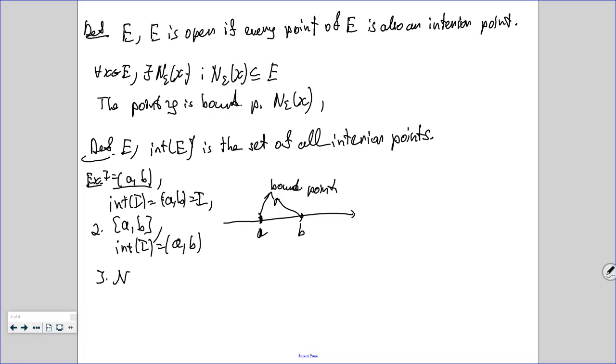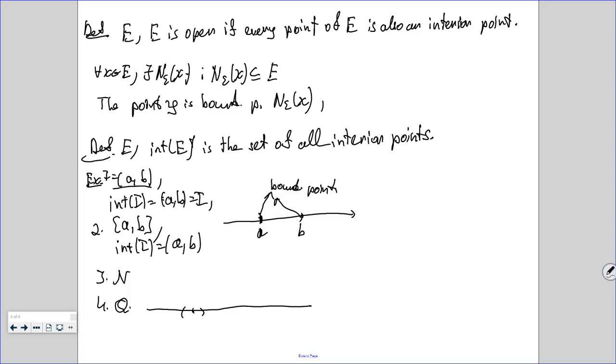Consider the natural numbers. As we said, the natural numbers is a closed set, and the natural numbers do not have interior points. The rational numbers are not open. As we said, irrational numbers are dense.